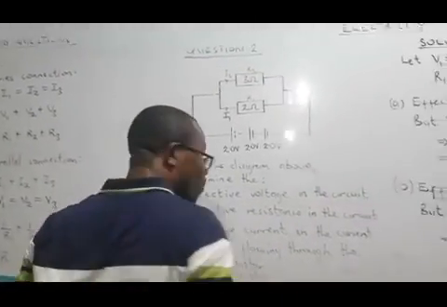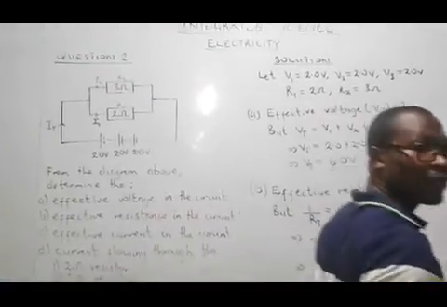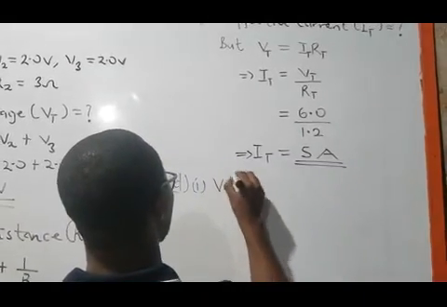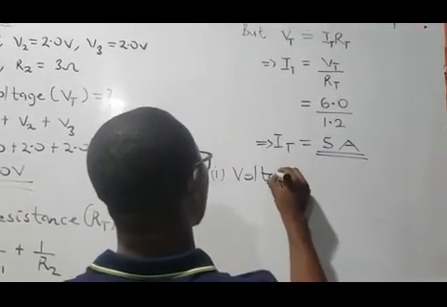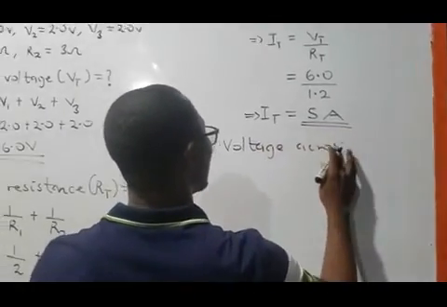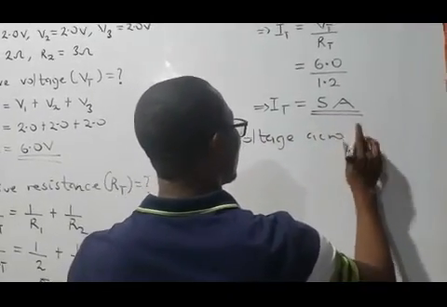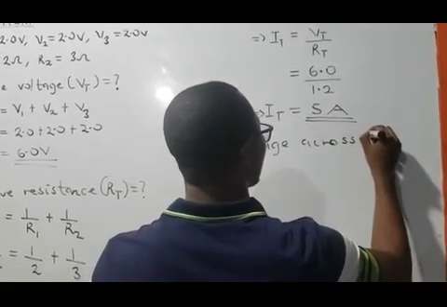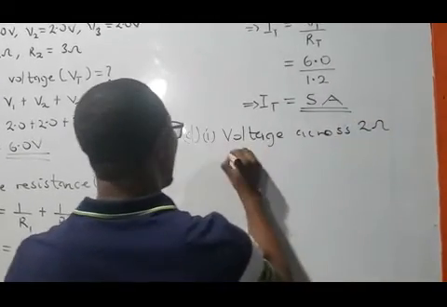So first of all, the voltage across the 2 ohm resistor.